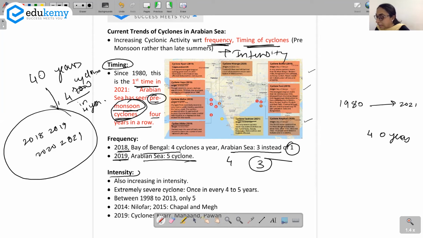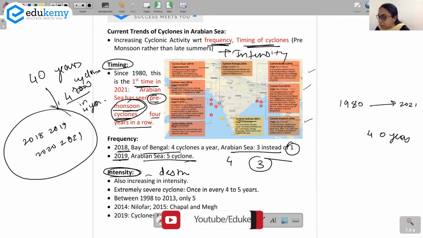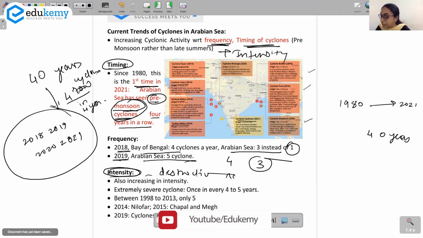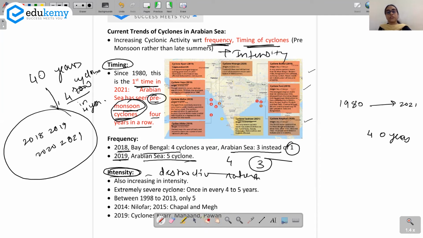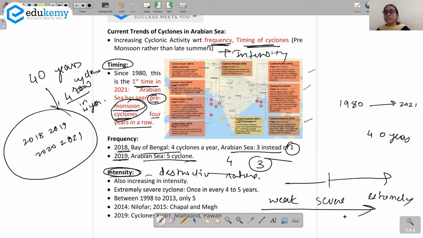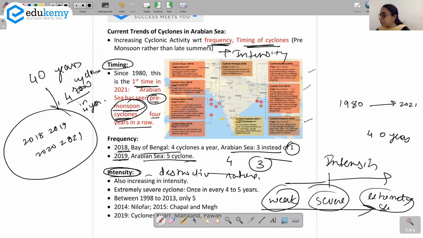If we talk about the intensity, intensity means the destructive nature of the cyclone, the energy that the cyclone carries, and that is also increasing. Cyclones can be classified into severe, extremely severe, weak, and other categories also. This is just to make you understand that when we talk about intensity, we are talking about the energy. It can be weak, normal, severe, or extremely severe.